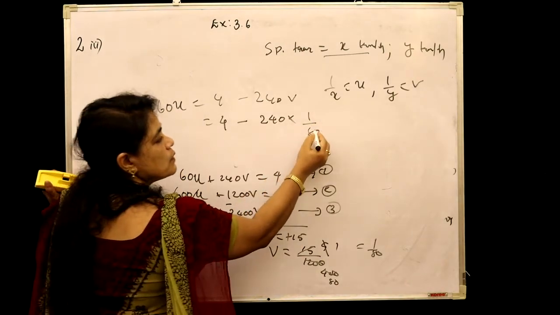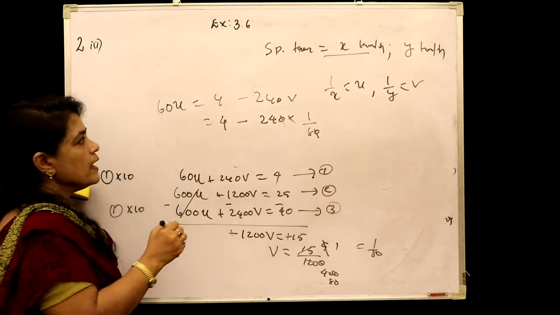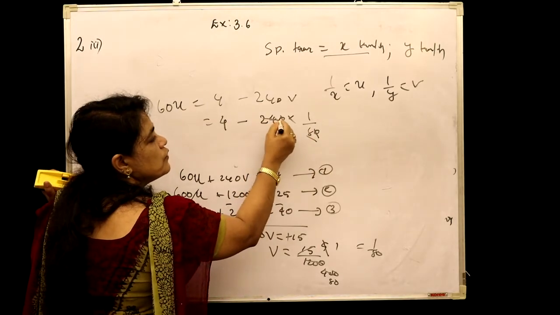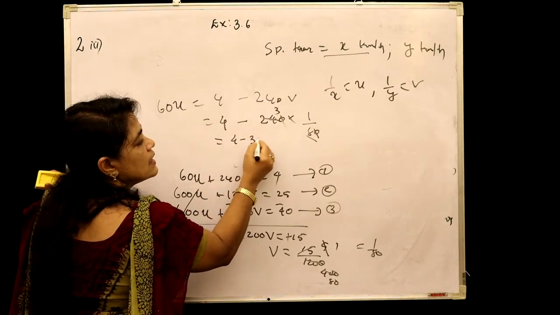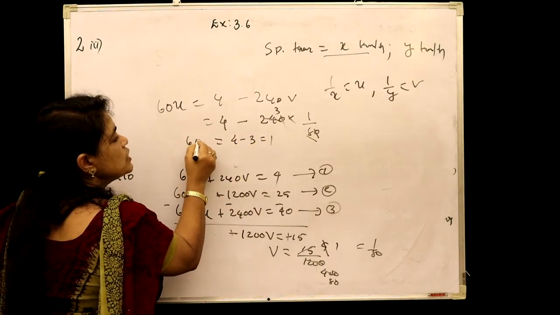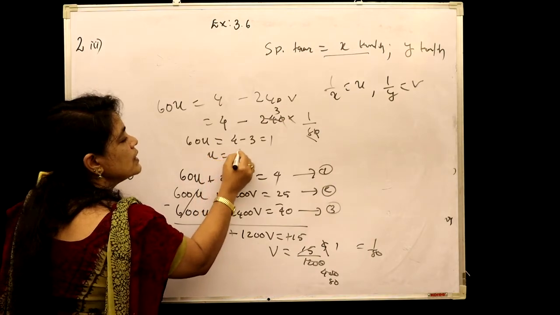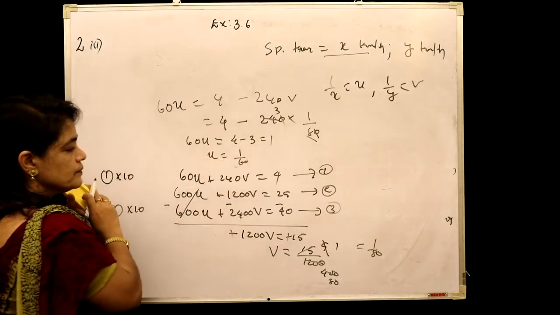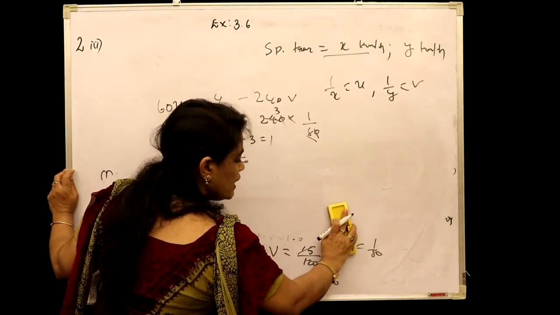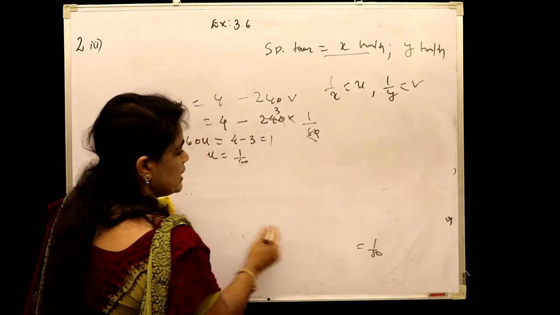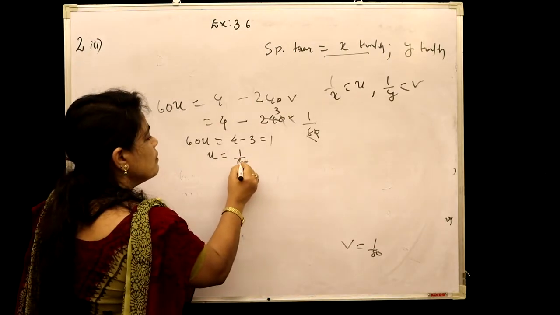So 0, 0 get cancelled, and 8 in 24, 3 times, and 4 minus 3 is 1. This is 60u is equal to 1. We need u, that is 1 by 60. So children, now we have the value of v as 1 by 80 and u as 1 by 60.